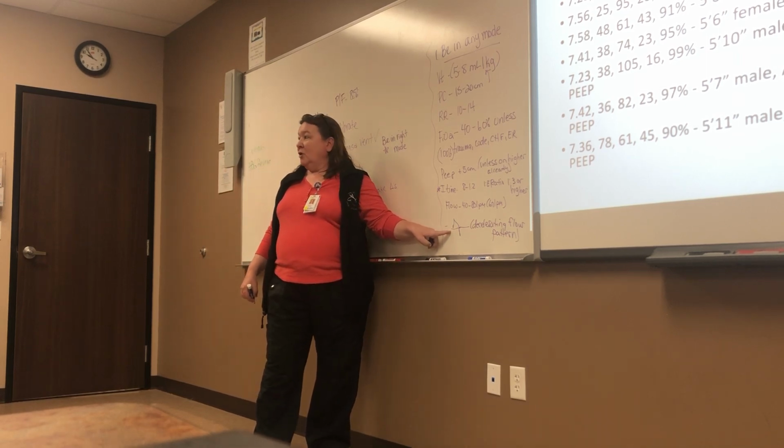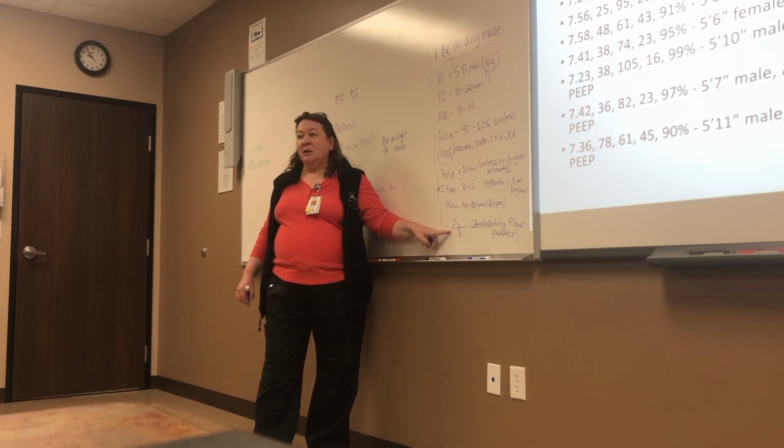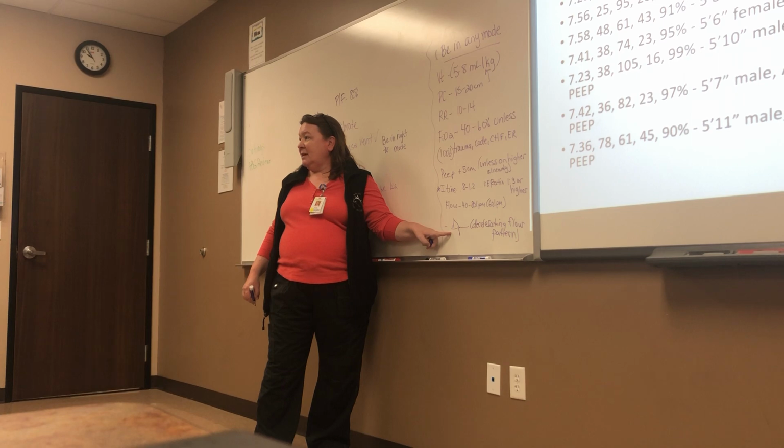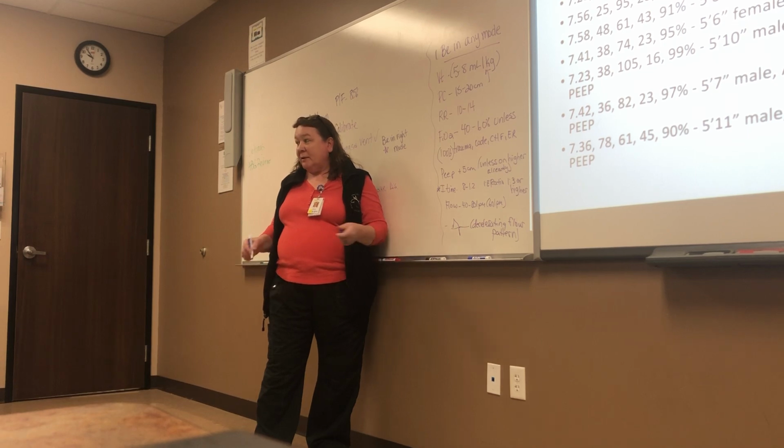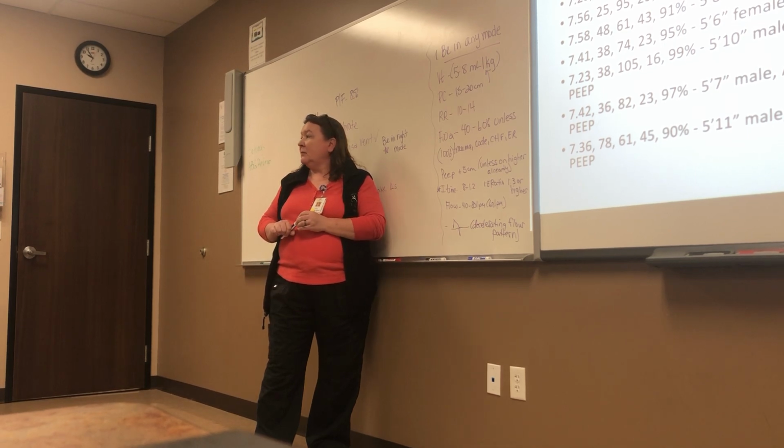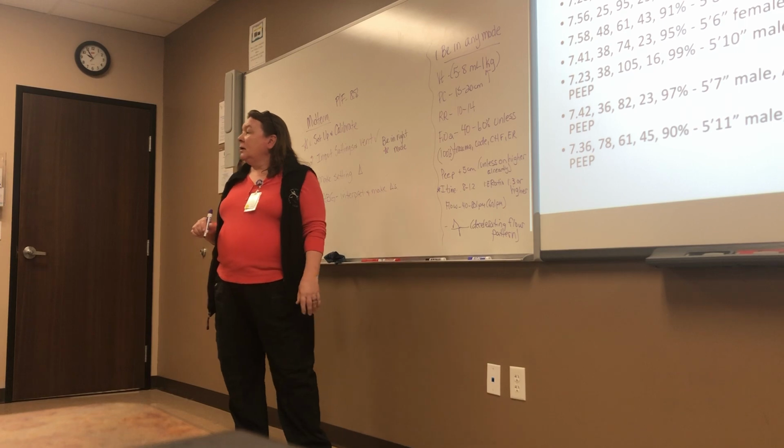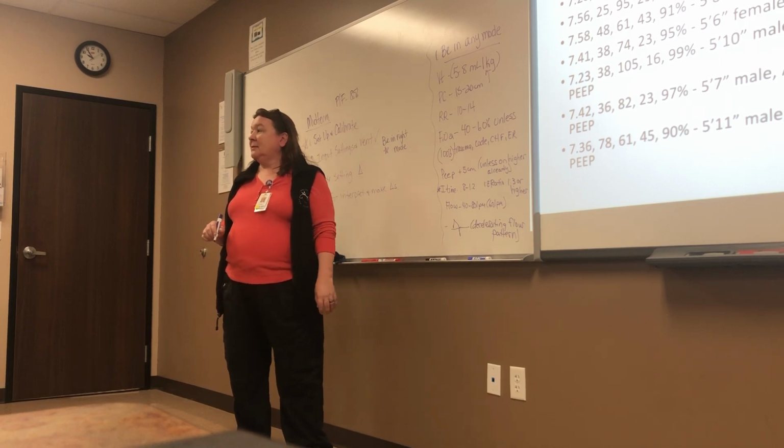Pressure control. In pressure control, you can only have decelerating. You can't change it. And then in volume control, you want decelerating if you can change it. It doesn't always let you change it. So if you can't change it, it's going to be a square.